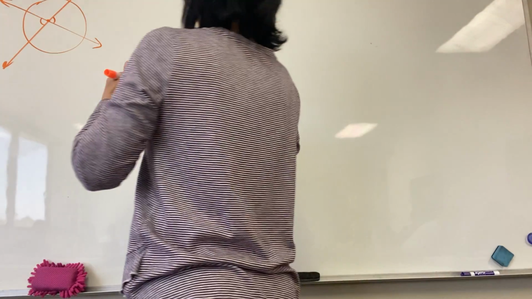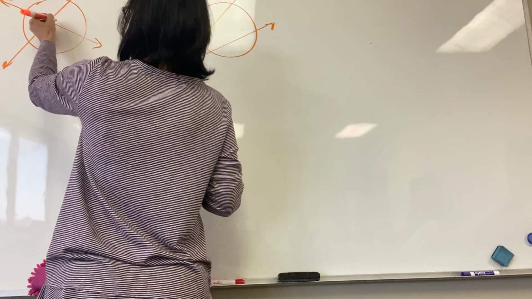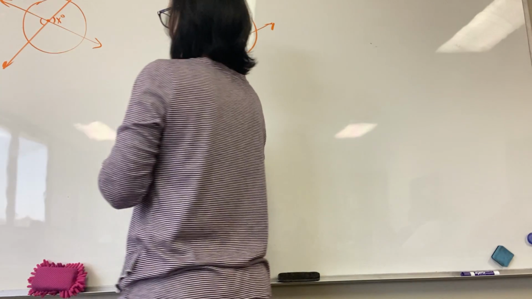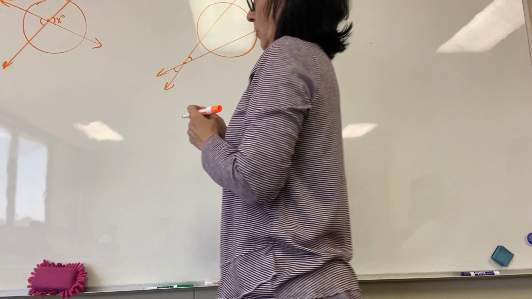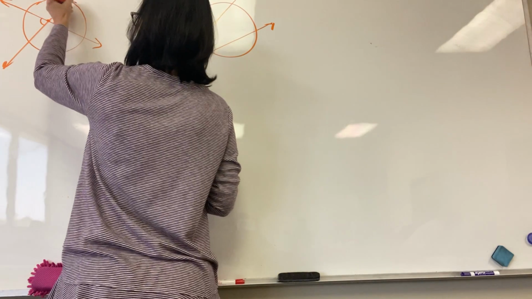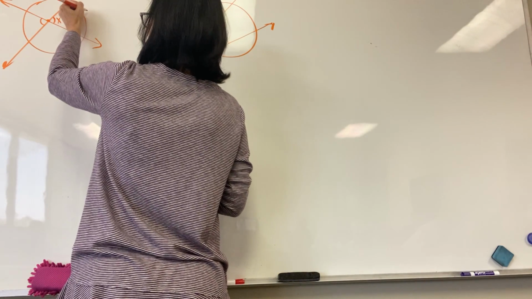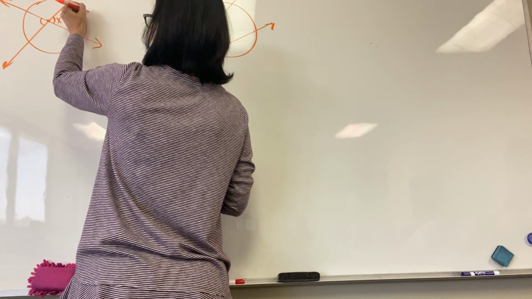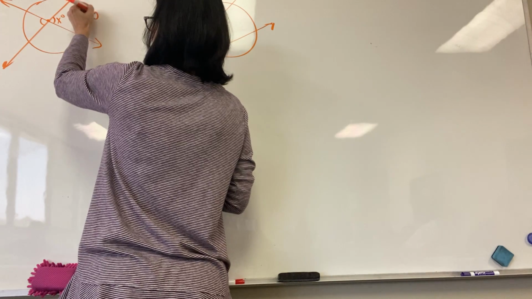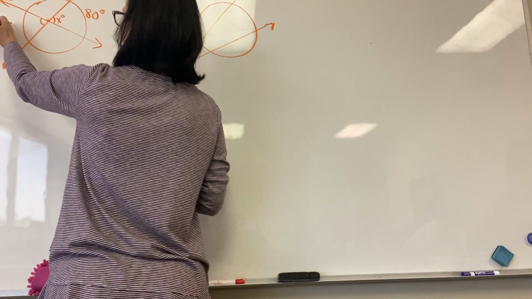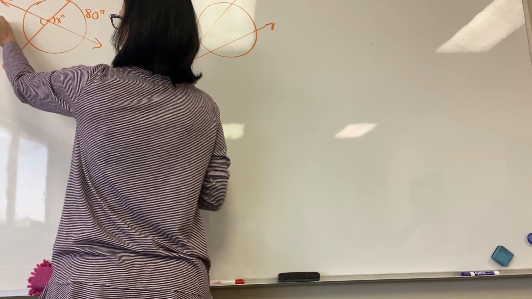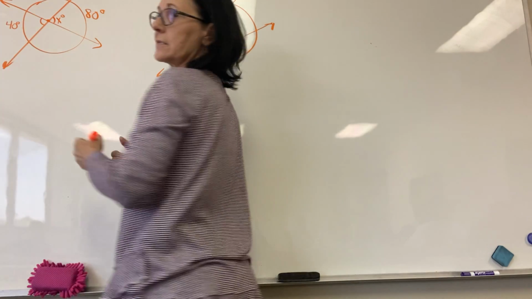So if we were solving for this angle, and I knew the measure of the arcs that it intercepted, let's say the measure of this arc is 80 degrees, and the measure of this arc is 40 degrees.